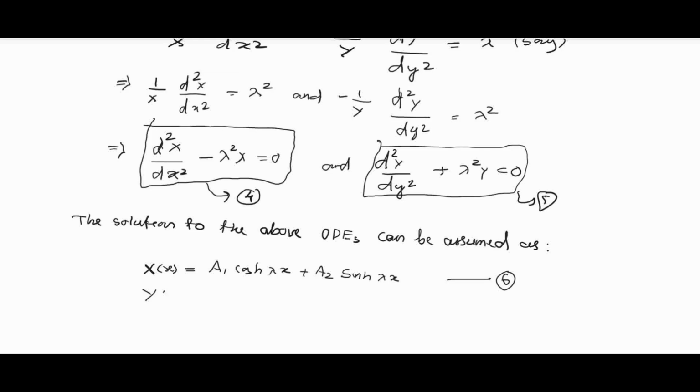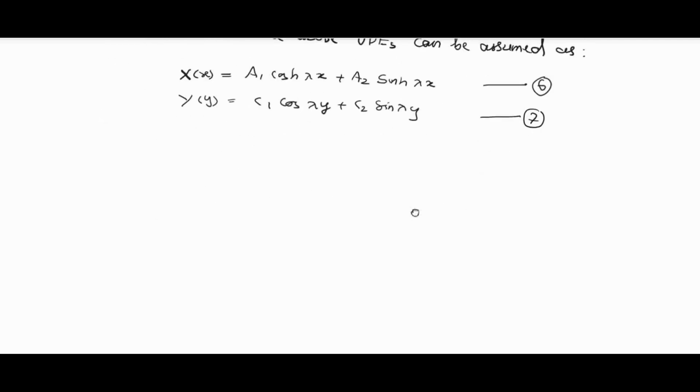And Y is equal to C1 cos lambda y plus C2 sin lambda y. This is equation number 7. Now we got X and Y.